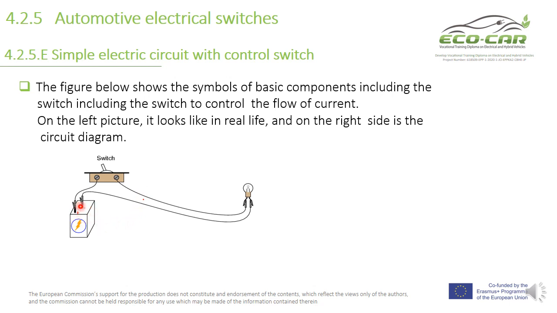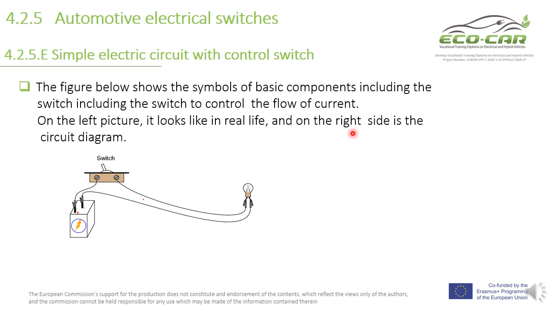We have here a power source, we have here a control switch, we have here a load. So this power source with its current controls the load by switching this switch on and off.